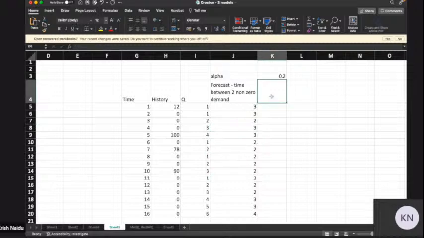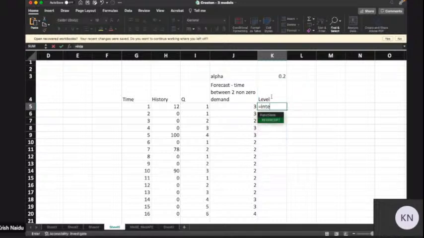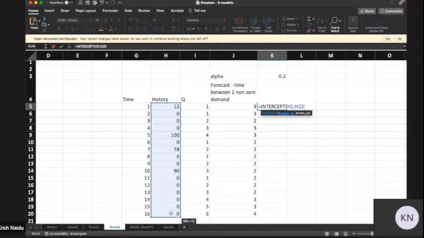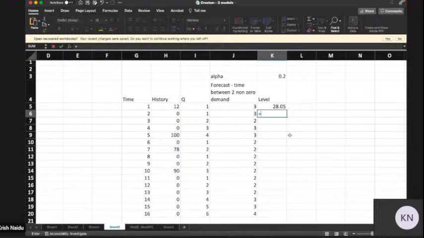Now I'm going to predict my demand level. The first one I can choose as the intercept. And this is my y. This is my x. And I'm going to do the forecasting using, let's say, my beta. This is 0.3.